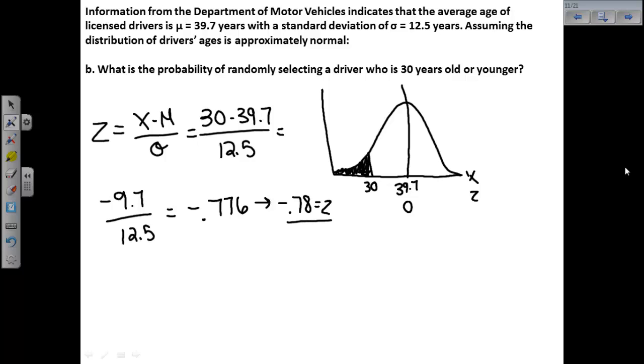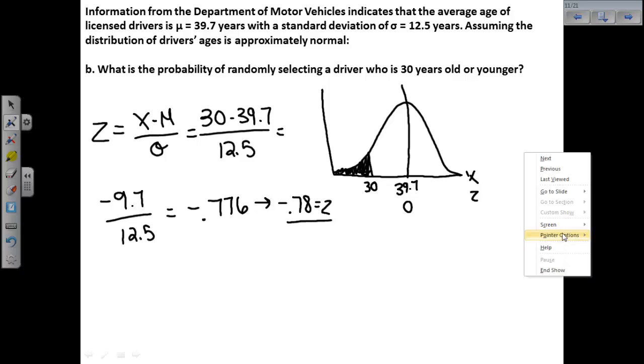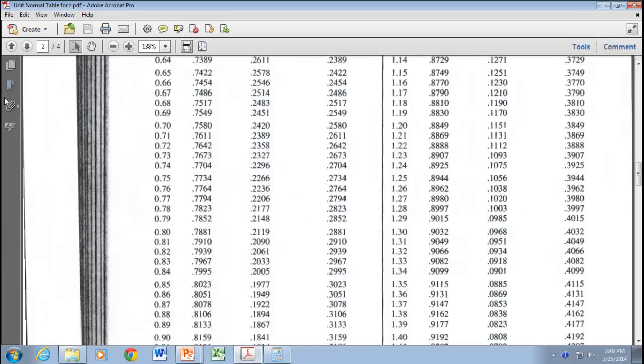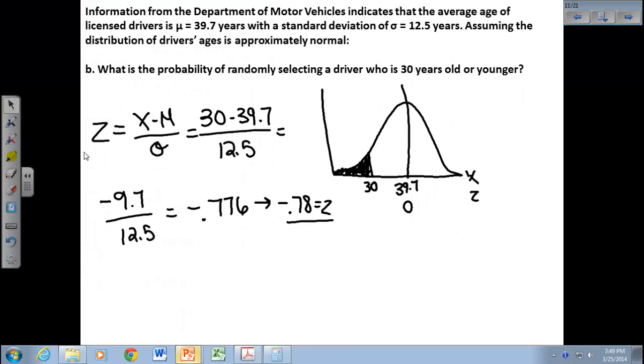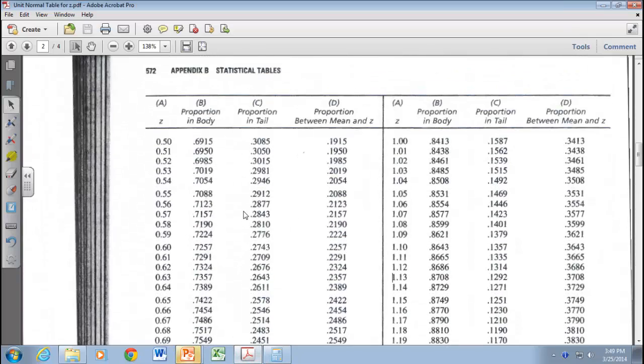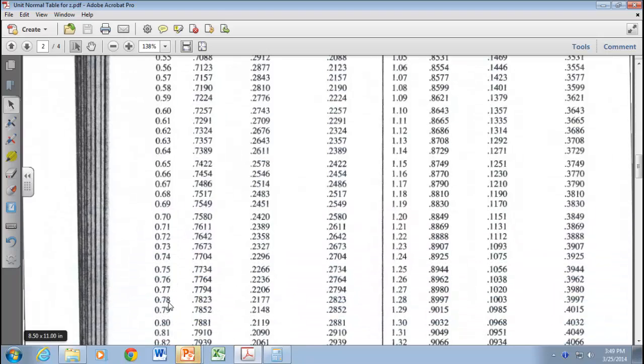Now, check it out. We have a negative z-score. And that should make sense because the x value that we're interested in is less than the mean. So negative z-score makes sense. So now let's go ahead and look at, remember we're trying to find the z-score of 0.78, proportion in the tail, 0.2177.